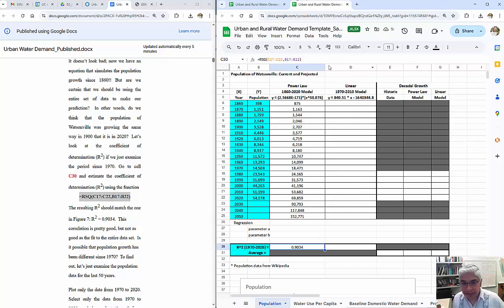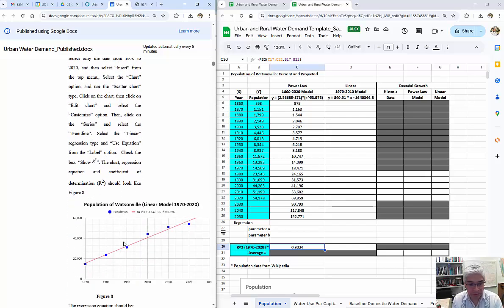What you can see here is that it is calculating how similar or how different these two data series are from 1970 to 2020. And right now this value is 0.934.